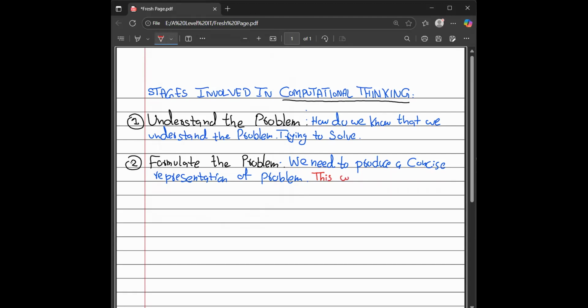This will involve abstraction, and I'm going to discuss later what abstraction is. At this part, some mathematical notations can also be included, but we are going to focus on abstraction first, later on.